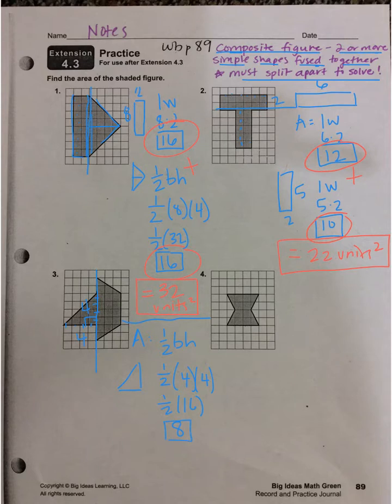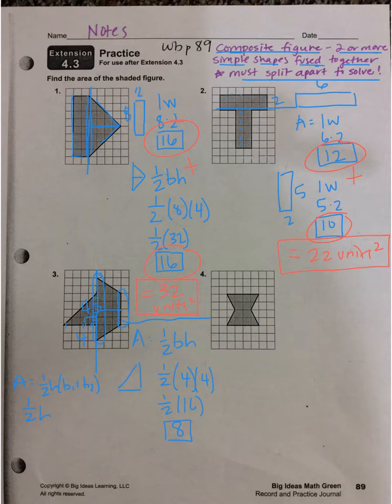Our trapezoid is our other part. This one's more lengthy. Let's see if I have enough room. This is area equals 1/2 the height times base 1 plus base 2. Well, we know that this is base 1, this is base 2, the height would be going the opposite direction.